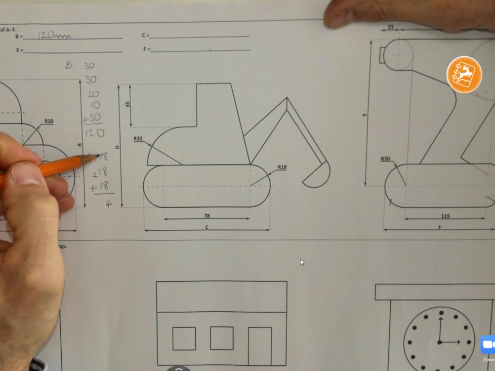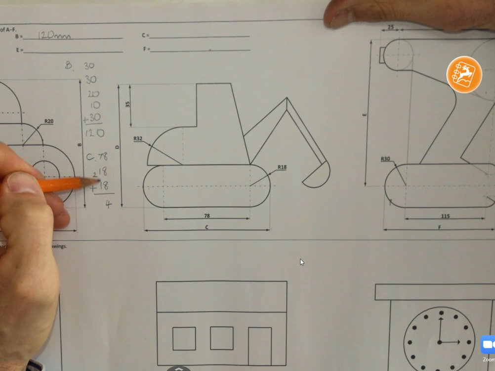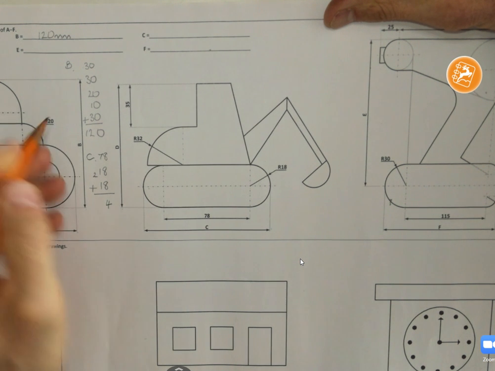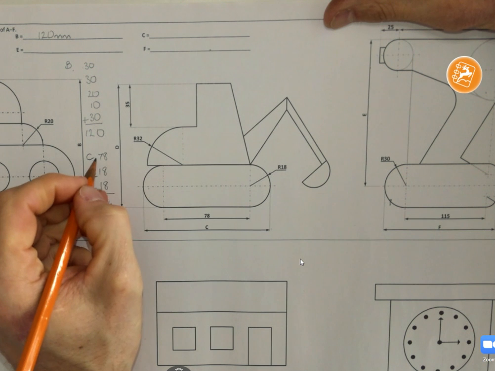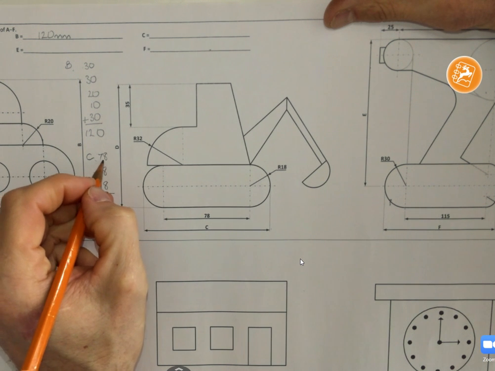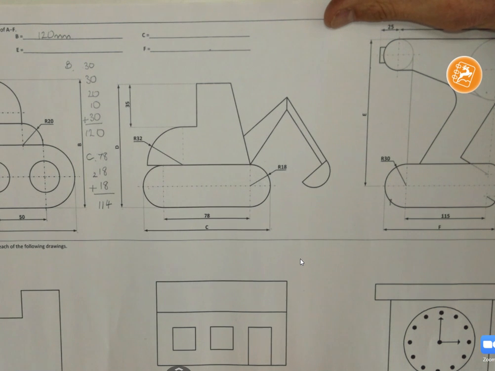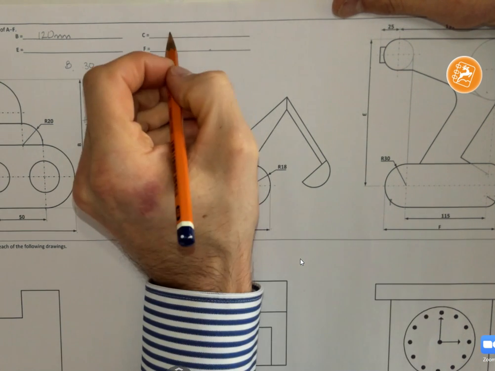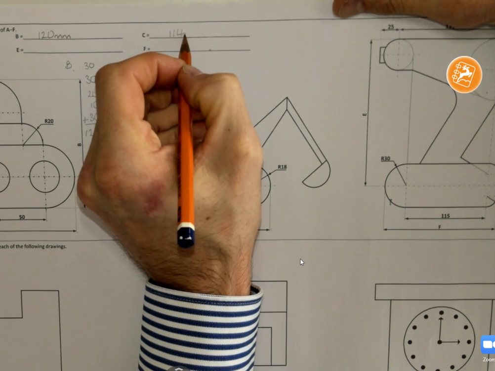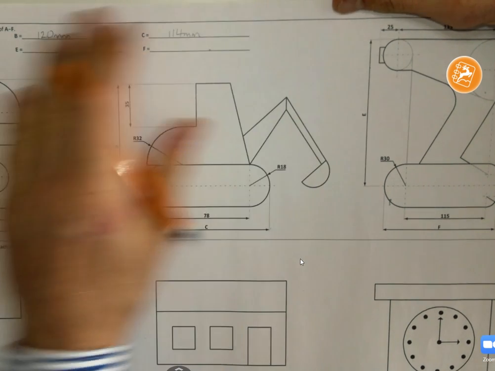We've 2, 2, 7, and we've 2 more here, so that in total is 11. 1, 2, 3, 4, 5, 6, 7, 8, 9, 10, 11. Lovely. So what we're going to do now is write that number up here, which is here. So 114 millimeters.